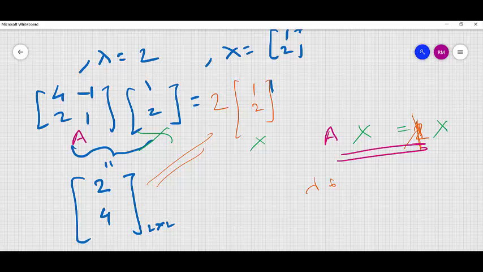So lambda is the eigenvalue of A, and X is called the eigenvector of A corresponding to the eigenvalue lambda. So [1, 2], this column matrix, is the eigenvector for eigenvalue 2.